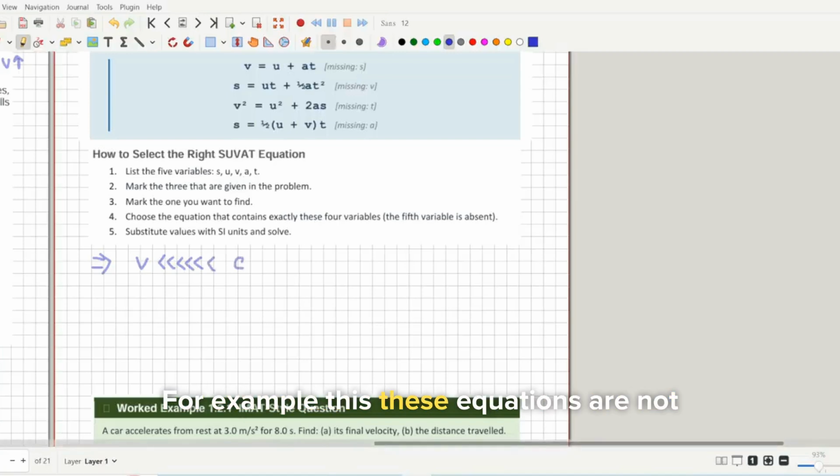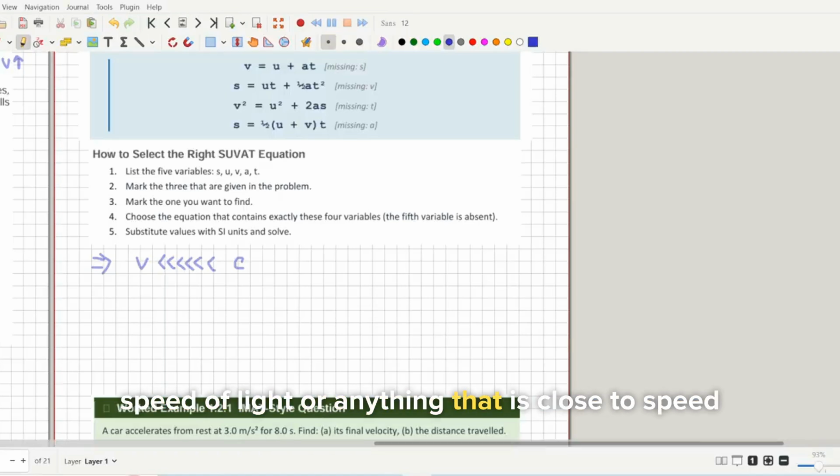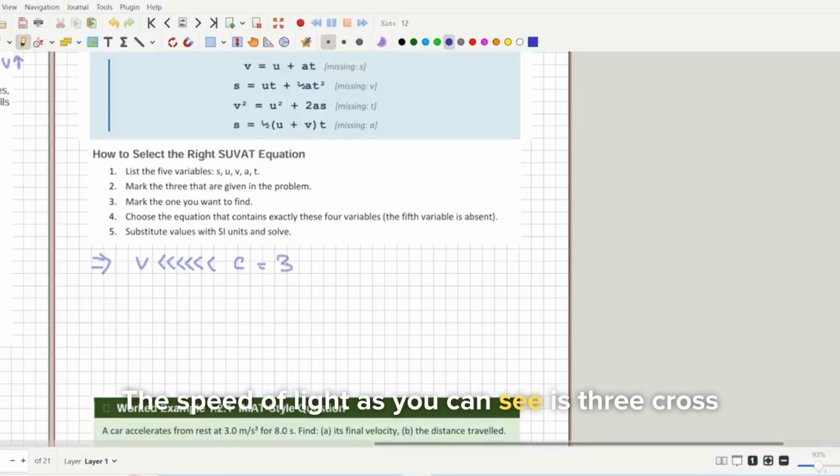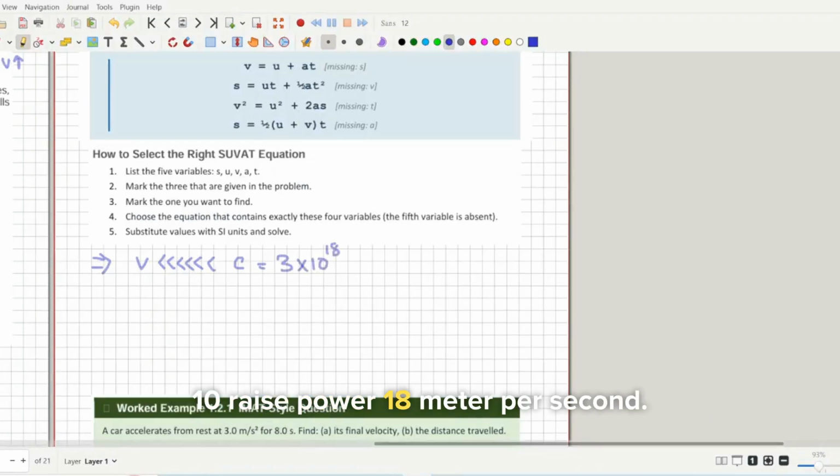For example, these equations are not applicable to objects that are traveling really fast or close to the speed of light. The speed of light, as you can see, is 3 times 10 raised to power 8 meters per second.